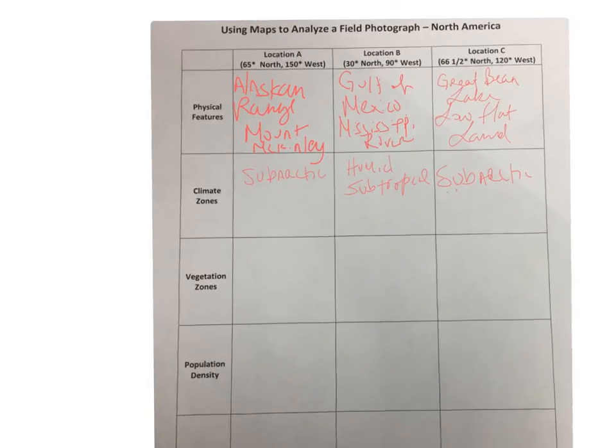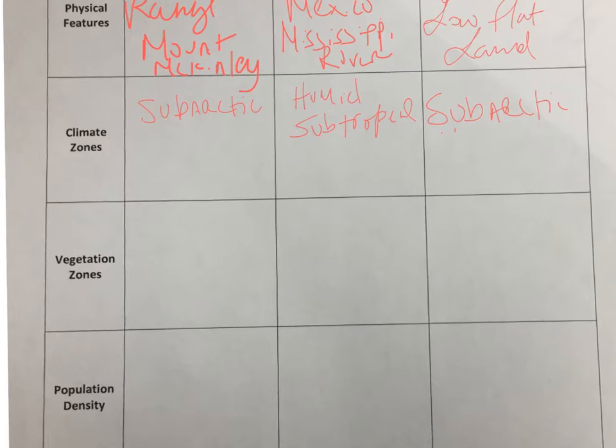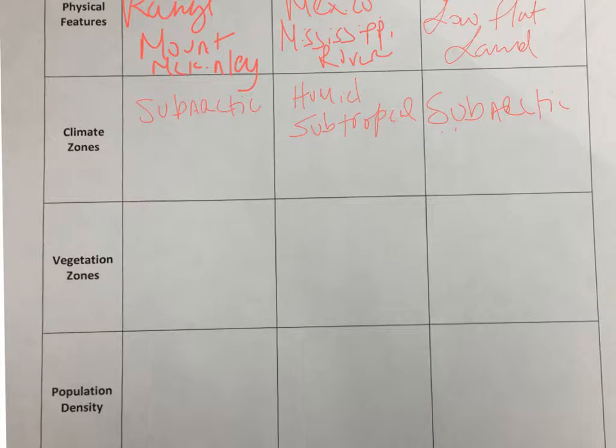So we said the vegetation zones for location A were coniferous forest, ice cap, as well as tundra.